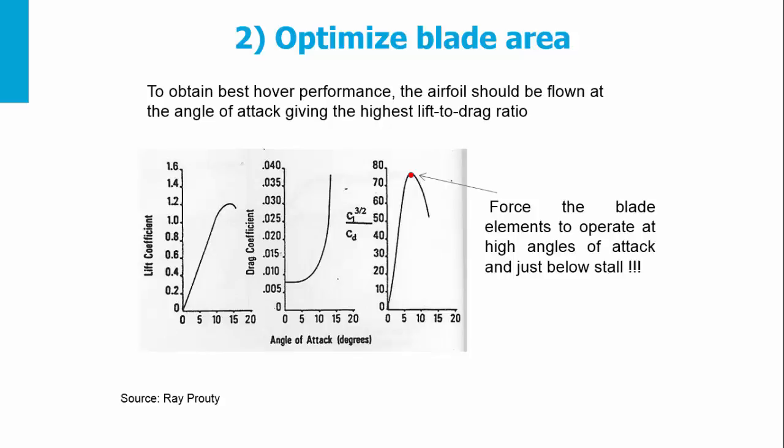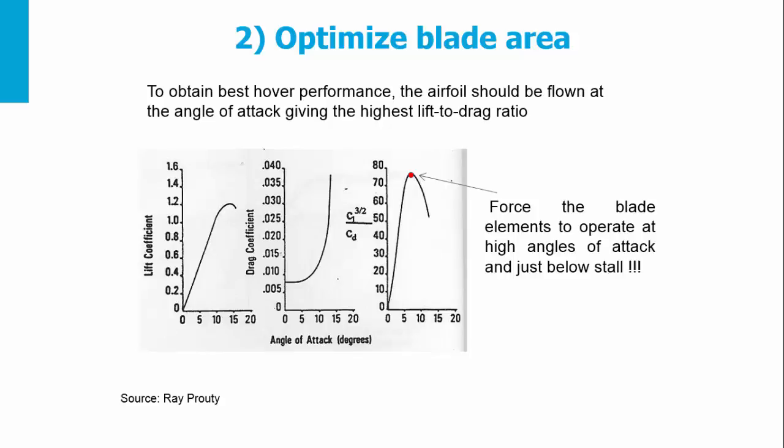In this picture, you see the lift coefficient, the drag coefficient, and the CL over CD as a function of the angle of attack. You see that if you force the blade elements to operate at an optimum angle of attack and just below the stall, which corresponds to 8 degrees, one will obtain the best hover performance as the maximum CL over CD is flown on every blade profile.